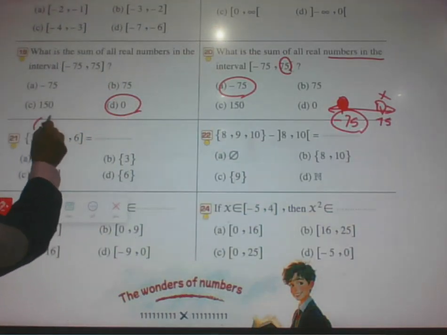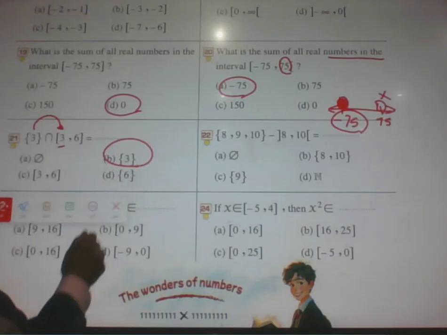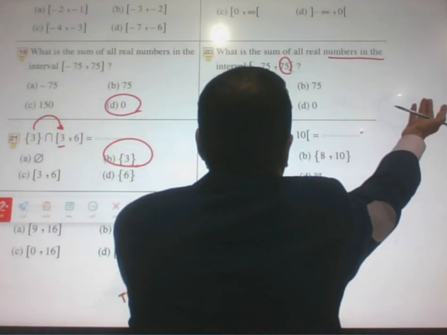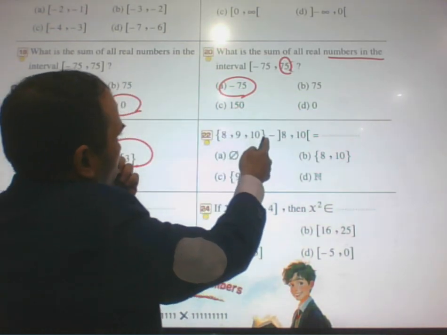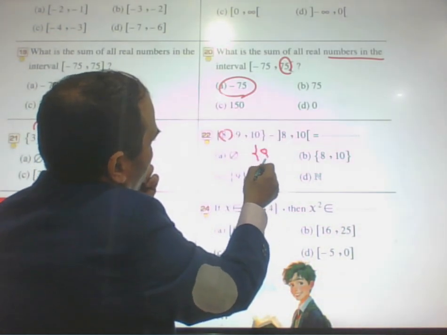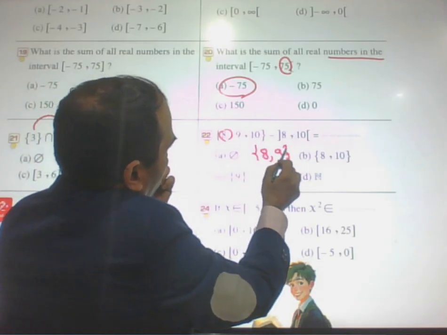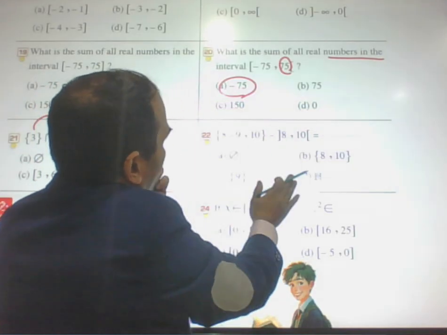Look here, 3 belongs to this interval. Okay, this is the intersection between them, which equals the set of 3. Here we want to find the difference. What about 8, 9, 10? No, here 8 does not belong to this one, and also 9 does not belong, but 10. We have 8, 9, and 10 here.